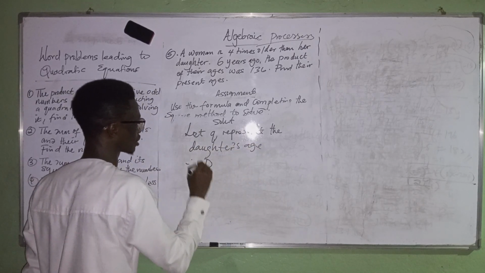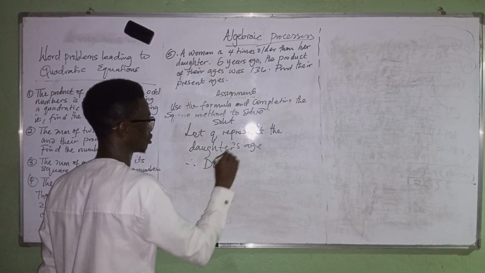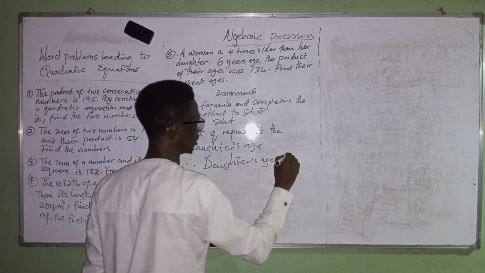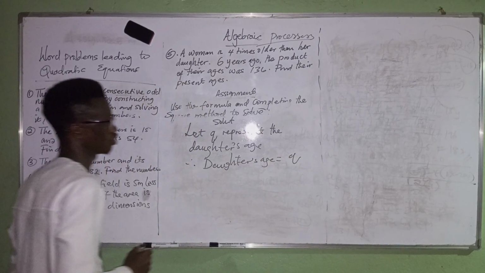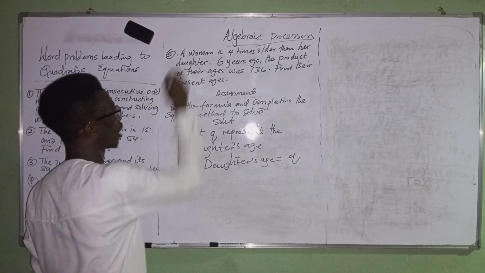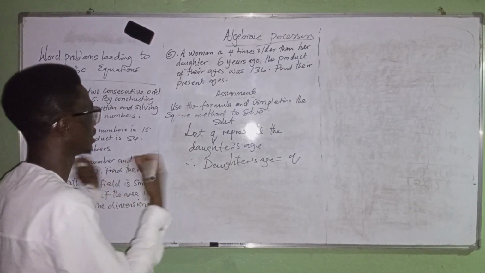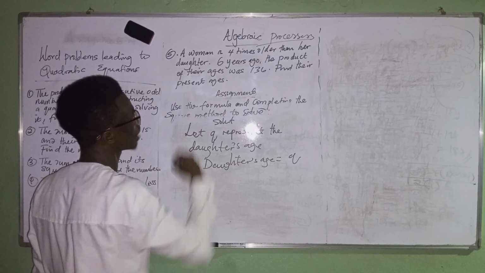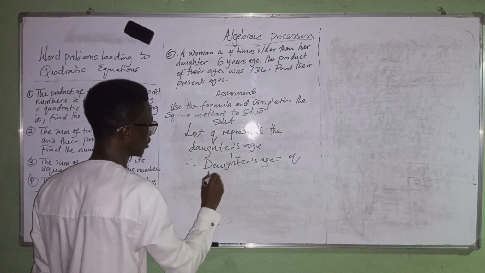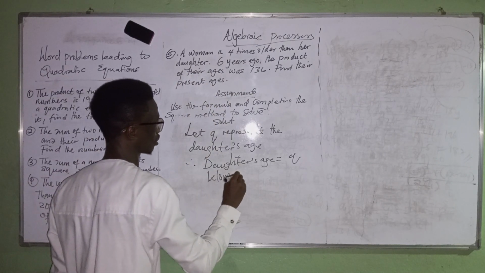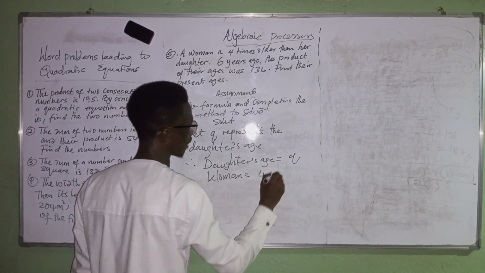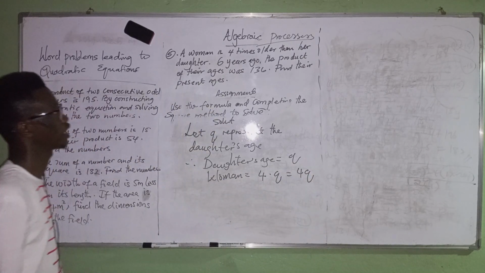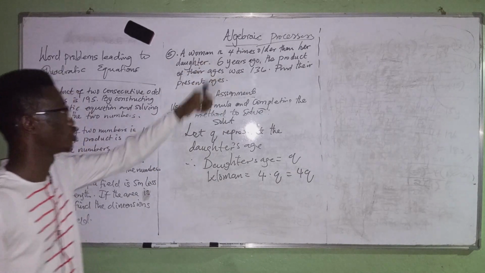So the daughter's age is going to be Q. So if the daughter's age is Q, now we go back to the question and interpret. The woman is 4 times older than her daughter. So the woman is now going to be 4 multiplied by Q, which is 4Q. So that's the first part of this question.